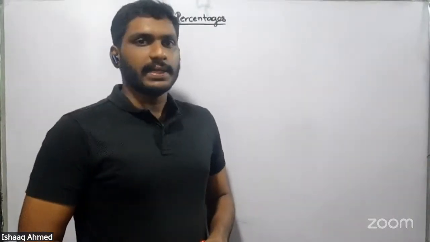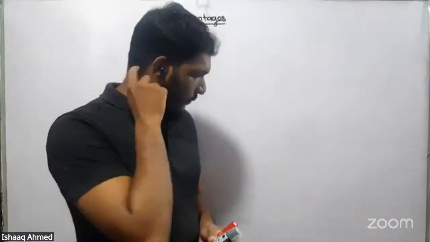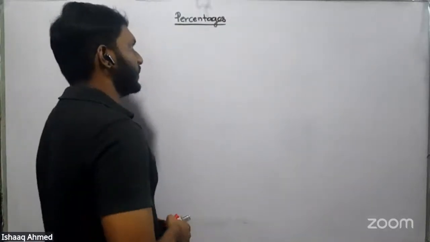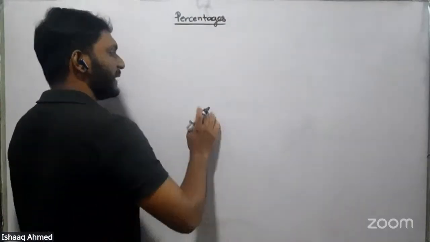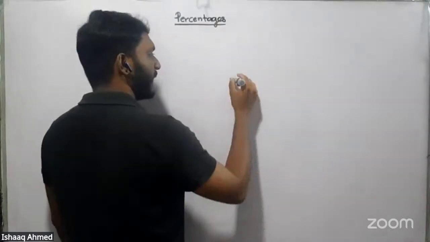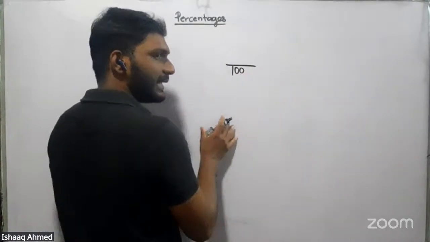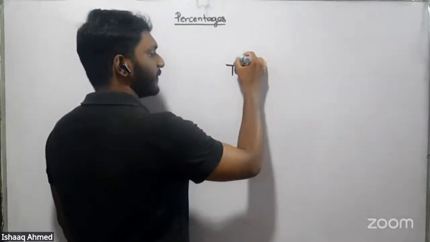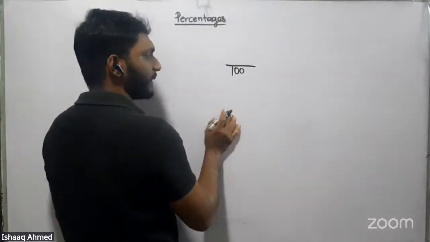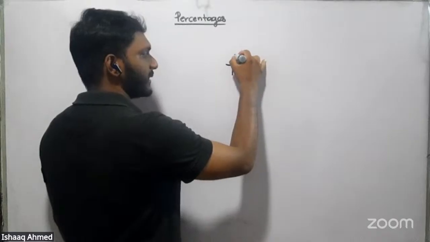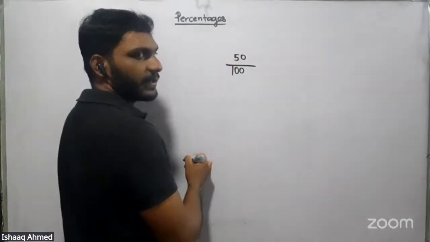What is percentage? Percentage is if you take a thing out of 100, how much that is, that is what we call percentage. So for example, let's say your maths marks is 50 out of 100.